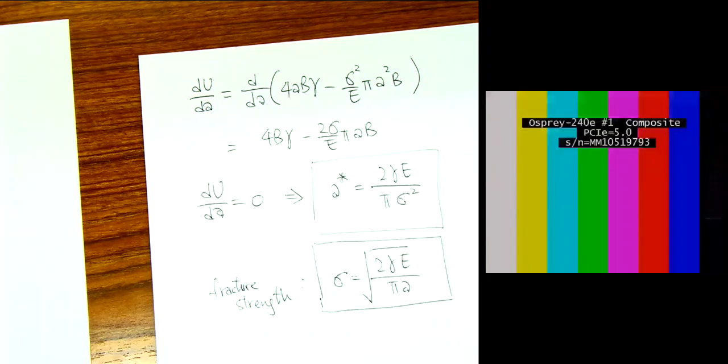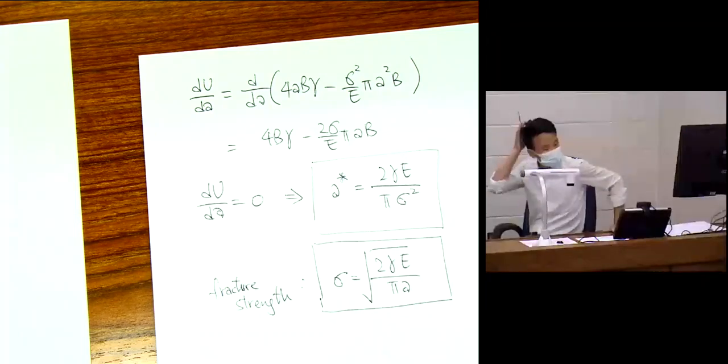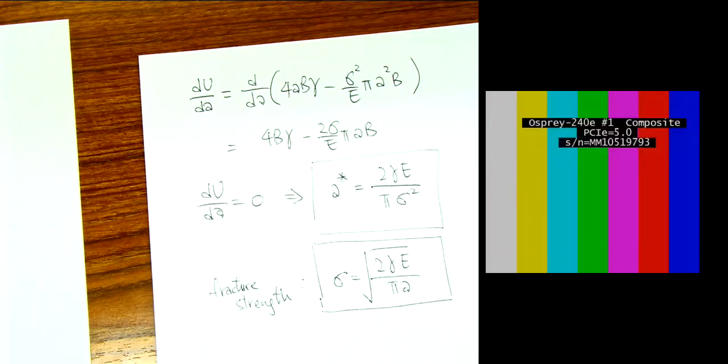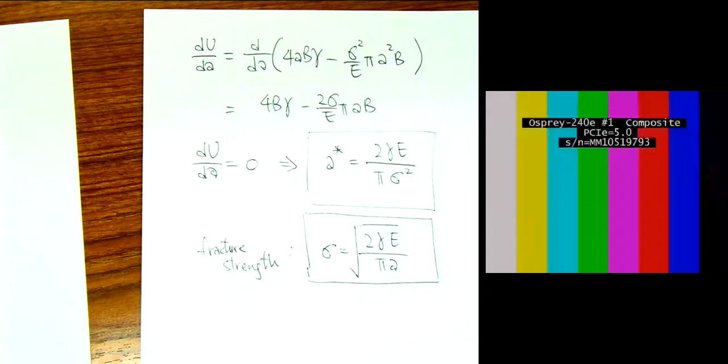But before that, this is not where Griffith stopped, because all of these are theoretical analysis. So what he did is to prove it, right? So how do we prove it? The only way we prove something in science is to do experiments.